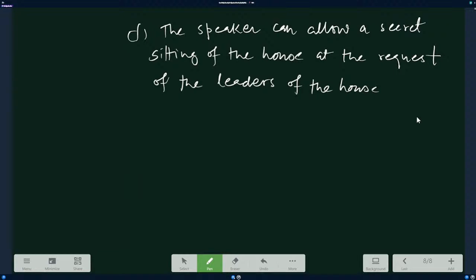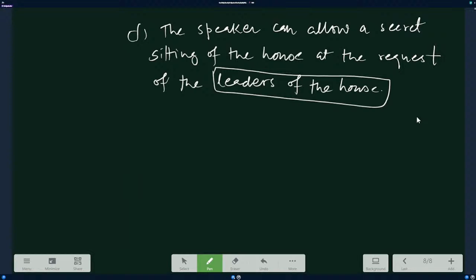Okay. Who is the leader of the house? Leader of the house is always the Prime Minister, whenever he is a member of the Lok Sabha.